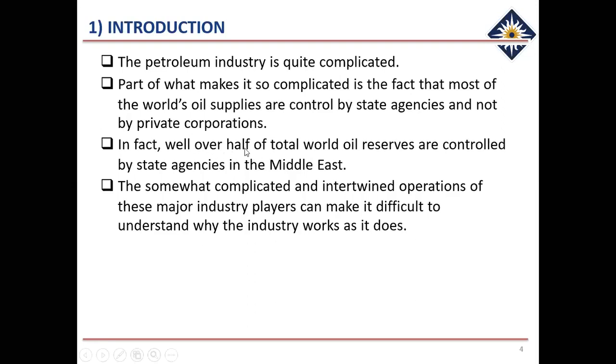Well over half of the total world oil reserves are controlled by state agencies, and most of the oil production is controlled by state agencies like the Ministry of Oil. Also in Iraq, you can consider Kar Group or Kavan as national companies because they again belong to the government people here in Iraq.